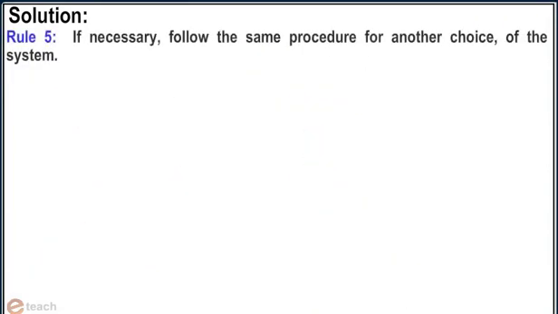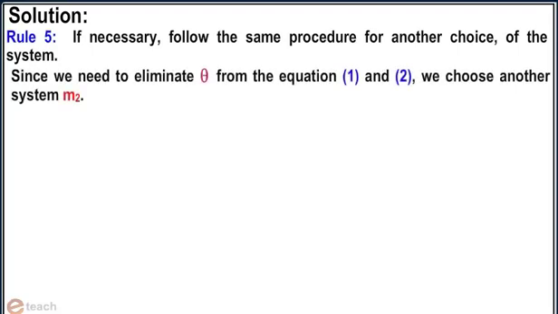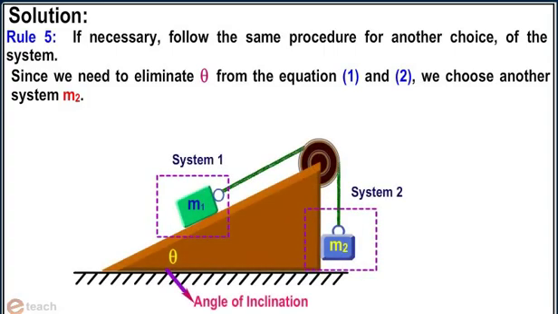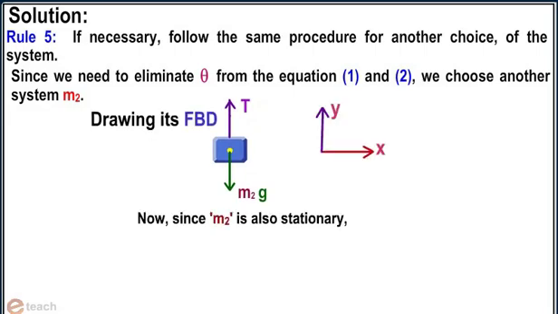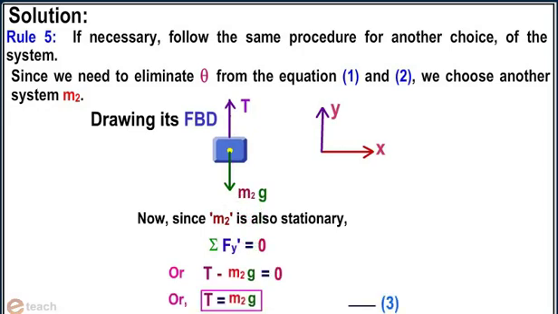Rule 5. If needed, follow the same procedure for another choice of a system. Since we need to eliminate theta from equations 1 and 2, we choose another system, m2. Drawing its FBD, it experiences downward force m2g and upward force tension T. Since m2 is also stationary, sigma F y dash equals 0, or T minus m2g equals 0, or T equals m2g.